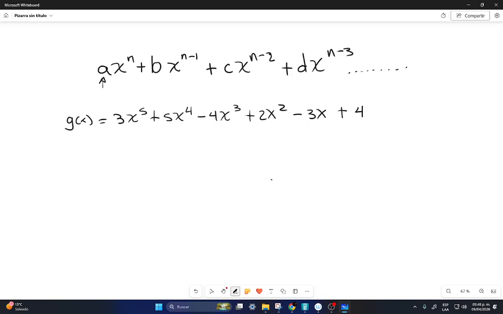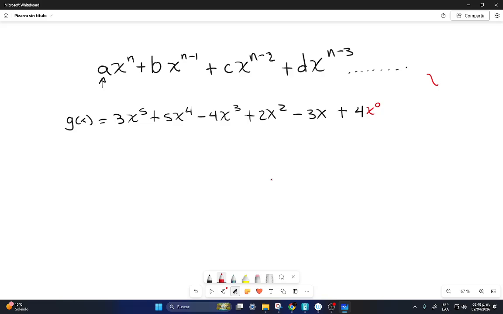And you may say, what about that 4? That 4 doesn't have a variable. I know, but what happens is that the variable is invisible, because here the exponent is 0.